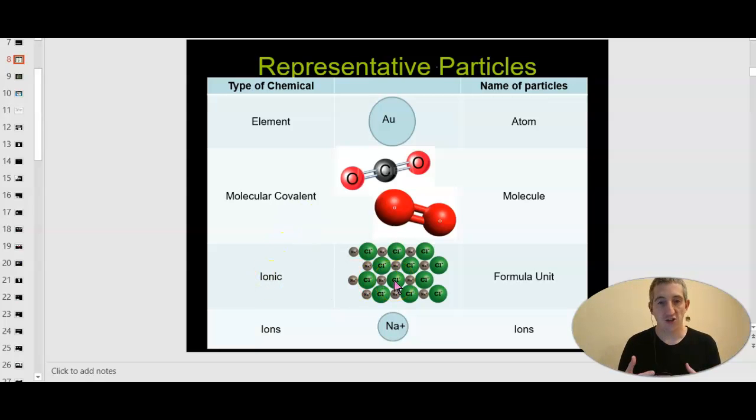So these are things like sodium chloride, calcium chloride, and the smallest bit that it breaks down into is called a formula unit. So this is probably new from your middle school days. A molecule is a molecule, a formula unit is a formula unit. So here we have NaCl, sodium chloride, table salt. But when you look at one thing of NaCl, it's a whole bunch of sodium ions with a whole bunch of chloride ions.